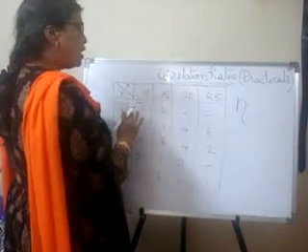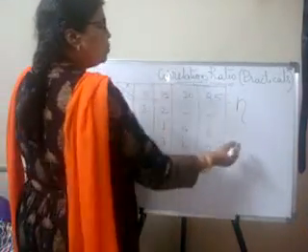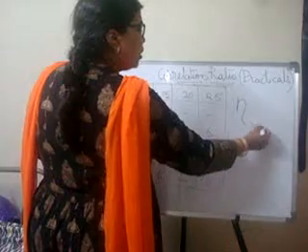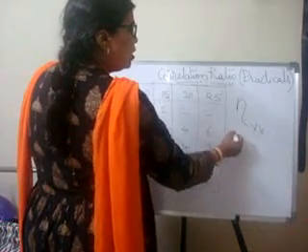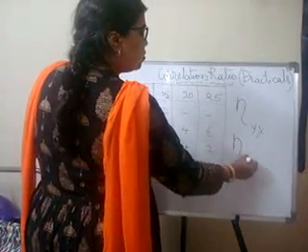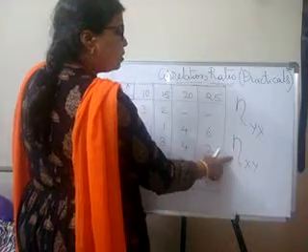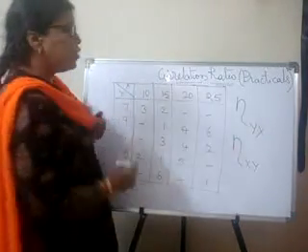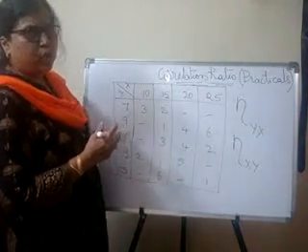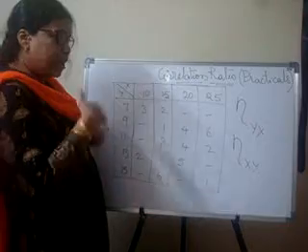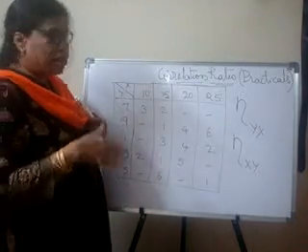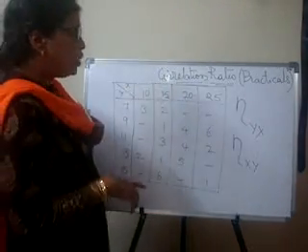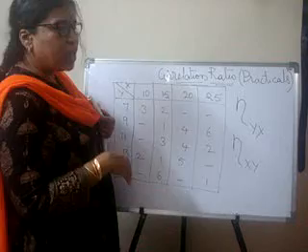If we are finding the correlation ratio of y on x, it will be nu y on x, and nu x on y denotes the correlation ratio of x on y. It is the same as regression y on x and regression x on y.